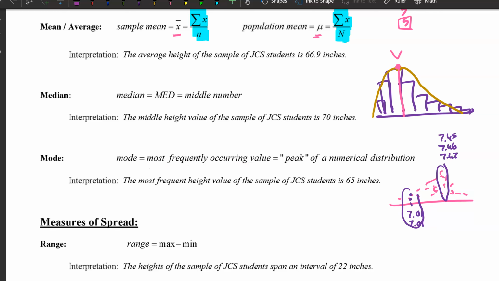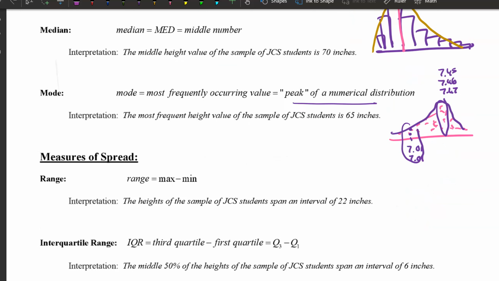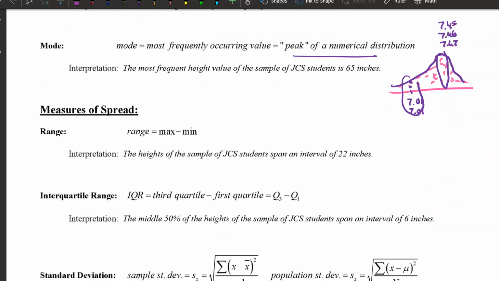So that's not really what we want. We want the peak, or the general area where we have the most data points. So let's just think of mode as the peak of a numerical distribution and not worry about how to calculate it from the numbers. Interpretation: the most frequent height value from the sample was 65 inches, I'm sorry.